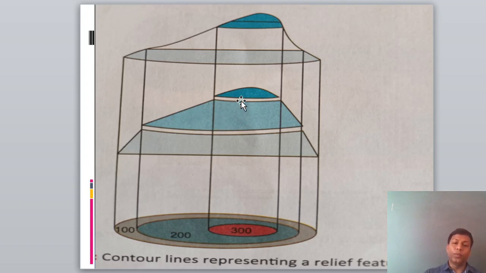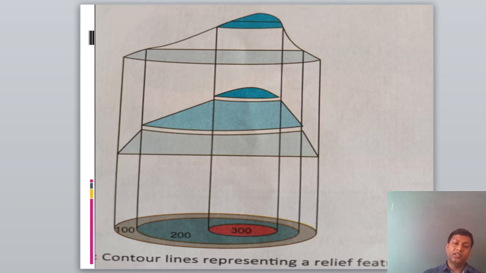And when we mix all three, we have a mountain range, a conical shaped mountain. This is all about the figure, but we are going to discuss more so that the concept will be cleared after ending this video.